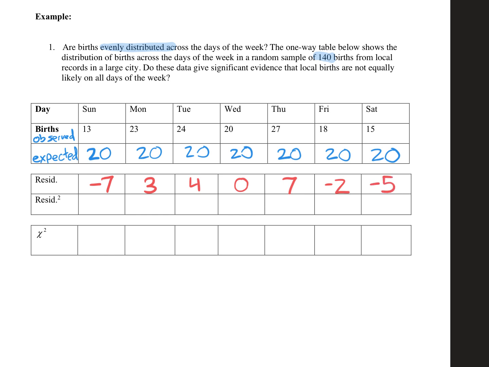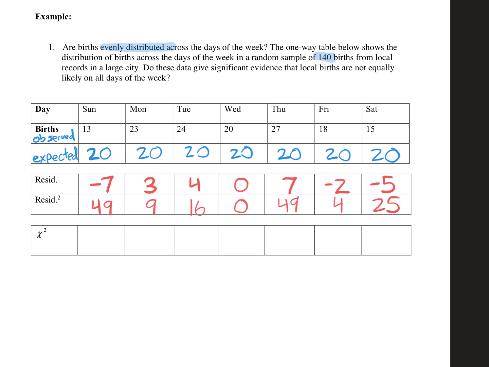All right, then what the calculator does quickly, and you won't have to do this, but the calculator figures out what the residual squared is. So we have 49, 9, 16, 0, 49, 4, and 25.